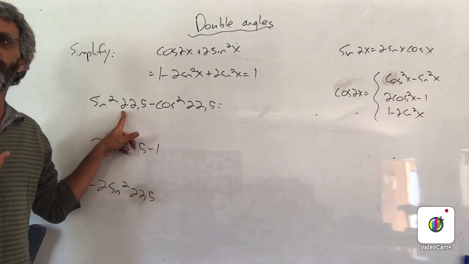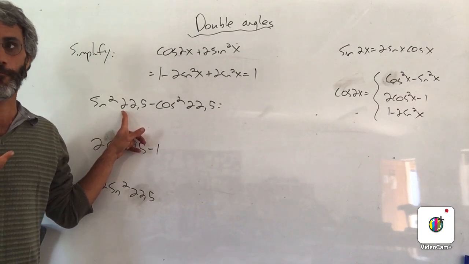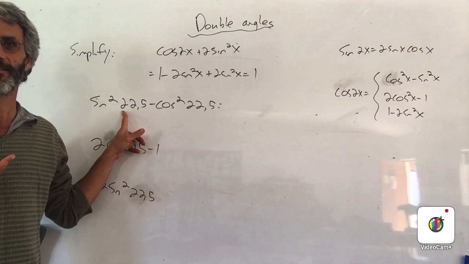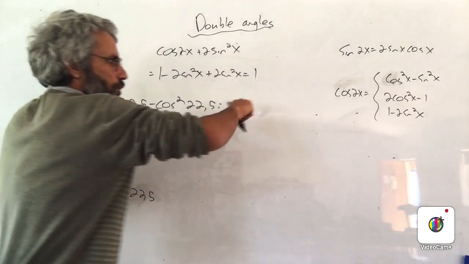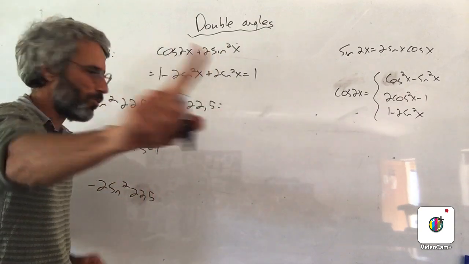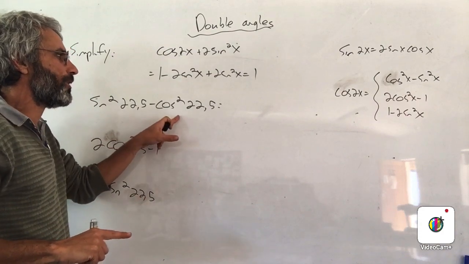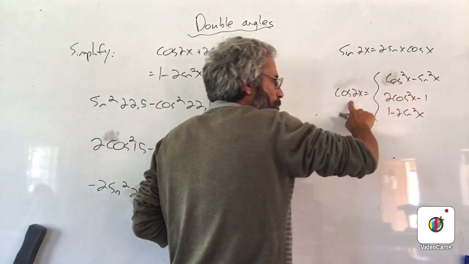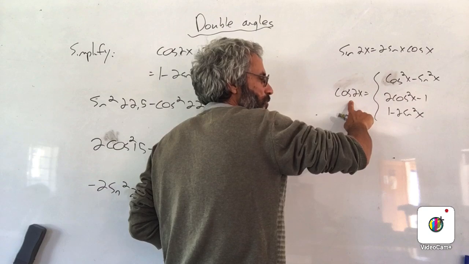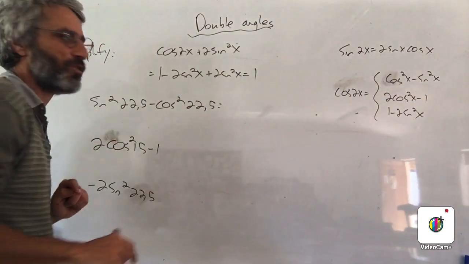Now, 22.5 is half of what? 45. And 45, you should know what it is. So if I look at this, sine squared 22.5 minus cosine squared 22.5, it's almost cos 45. It is, look, this is cos minus sine, this is sine minus cos.